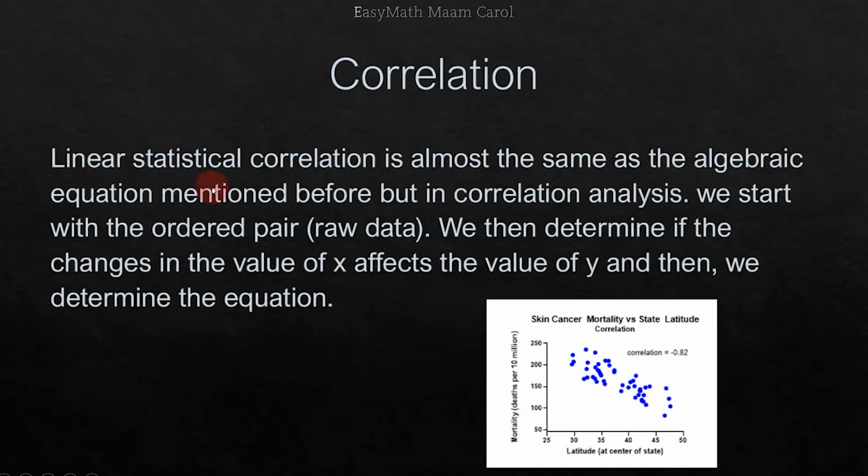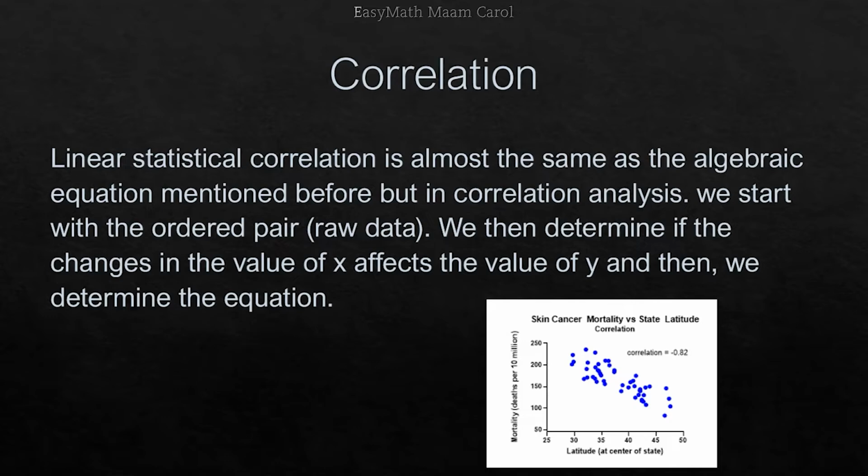Ngayon, linear statistical correlation is almost the same as the algebraic equation mentioned before. But in correlation analysis, we start with the ordered pair. So, yun yung raw data na sinasabi natin. Hindi tayo magsisimula dun sa equation muna. Wala pang equation because we don't know if there is actually a relationship between x and y.